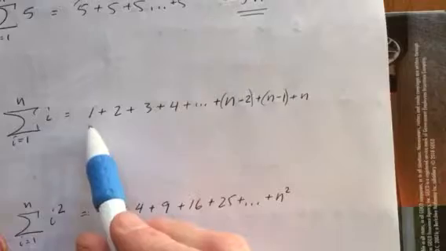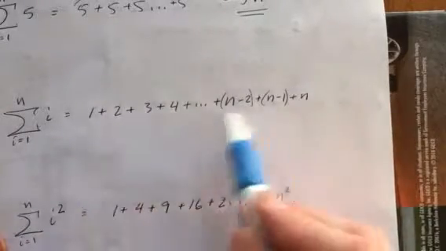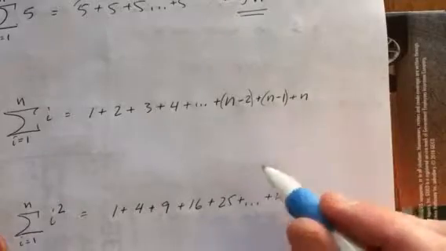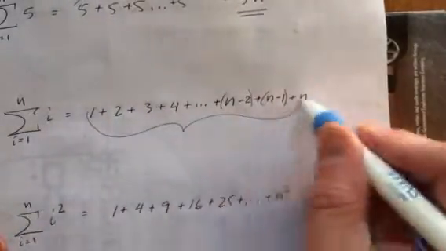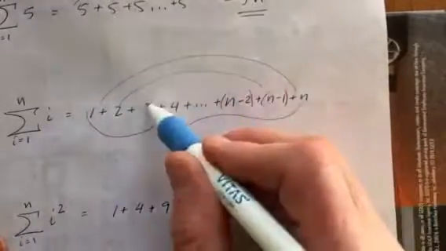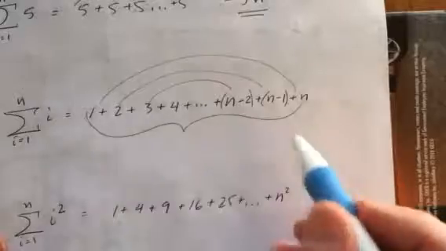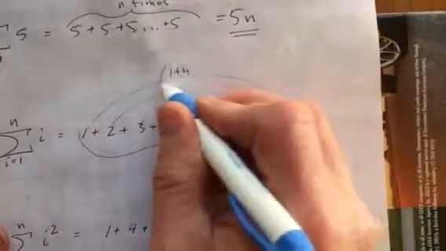If we are similarly adding 1 plus 2 plus 3 plus 4 plus whatever up until n, this is quite a famous number pattern. There's a story associated with Gauss in this, in which he made pairs of numbers and saw that the pairs all added to 1 plus n.